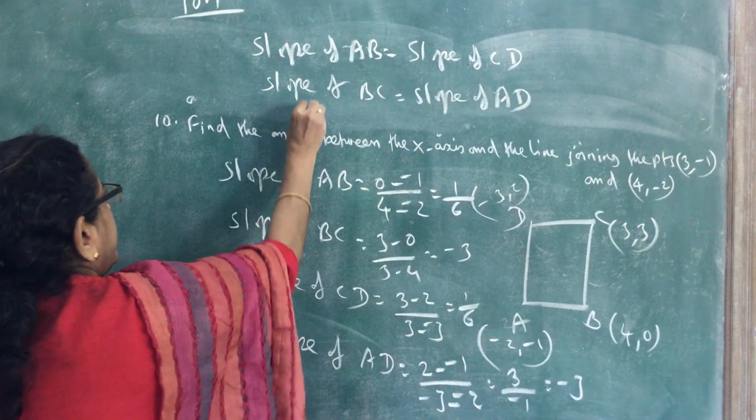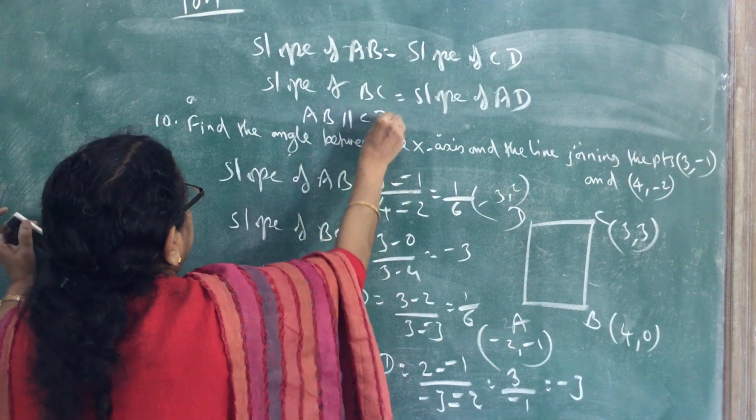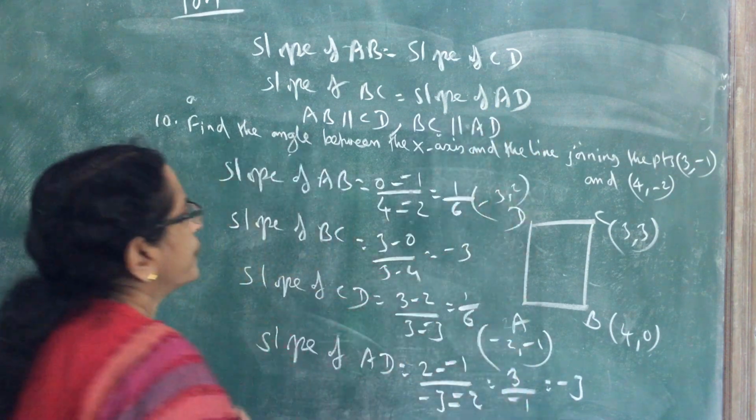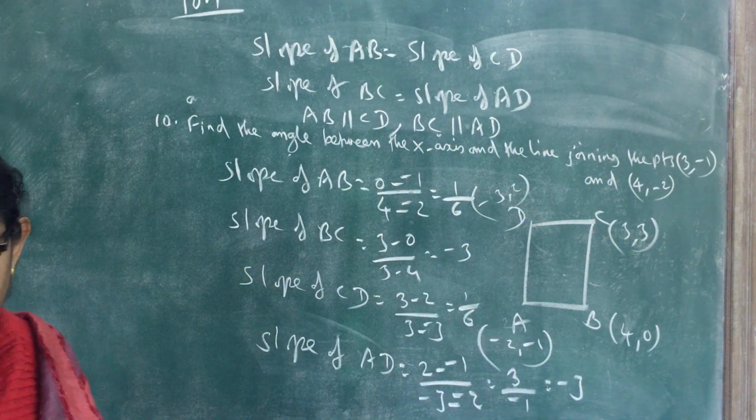Therefore, AB is parallel to CD and BC is parallel to AD. Therefore, opposite sides are parallel. Therefore, it is a parallelogram.